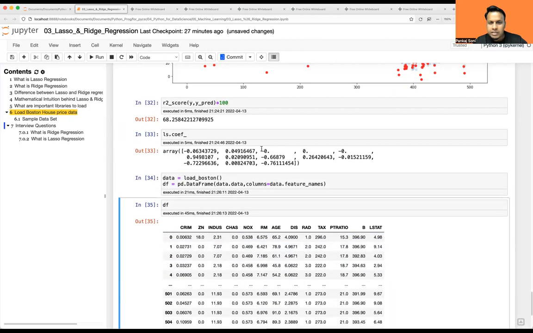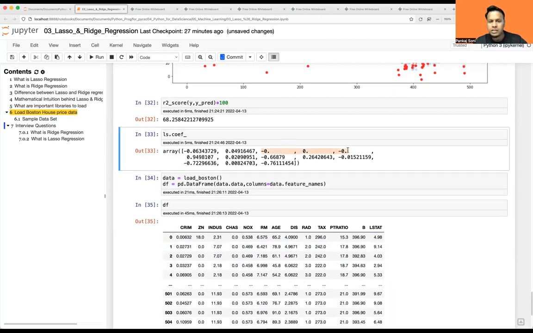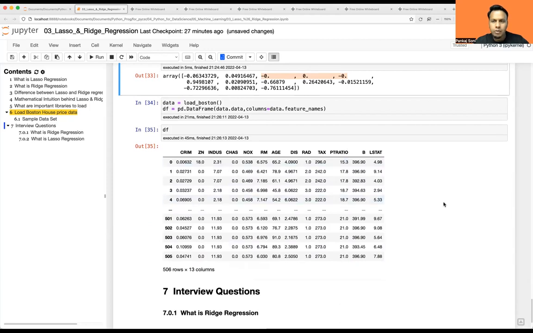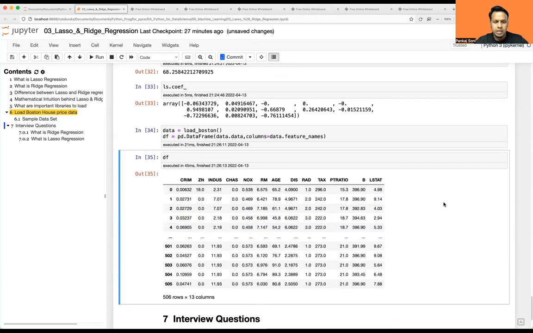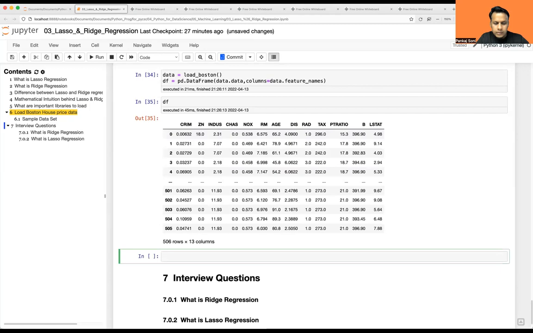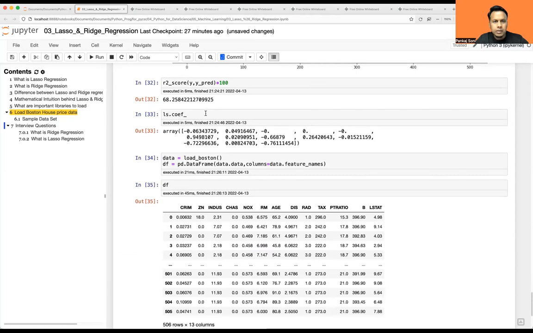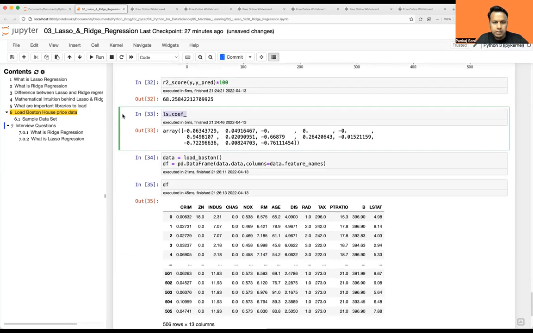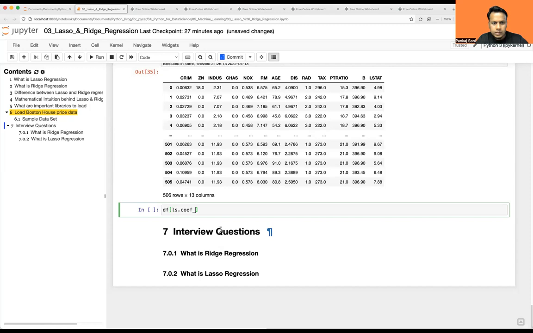That's why for these features we have got a 0 value in the coefficient. So let's find out how we can filter the values based on this. What I'll do here is df where df.columns, so I'll just take ls.coef_.